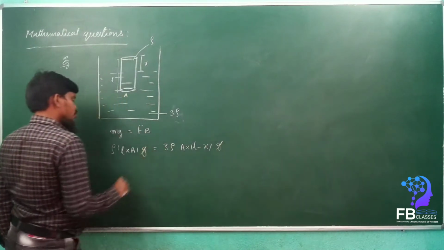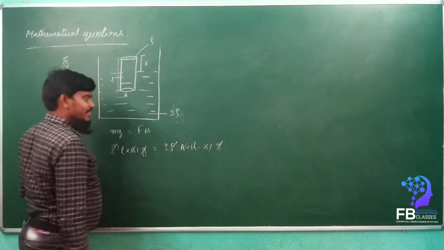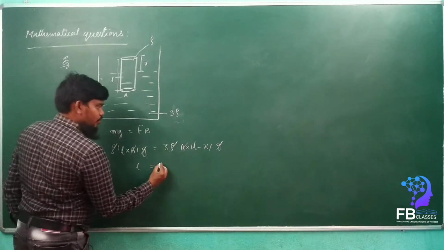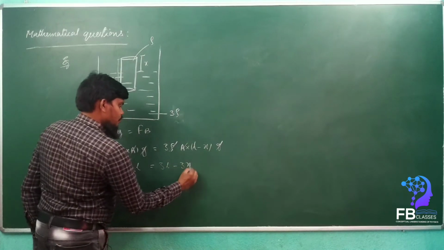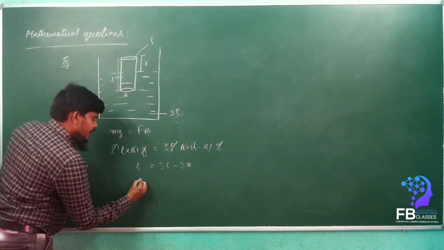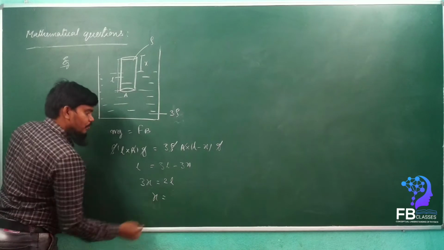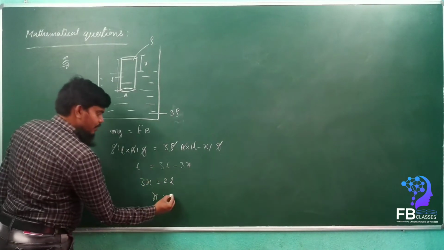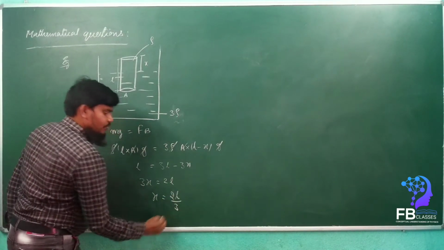Now g cancels, rho cancels, and A cancels. What remains is L equals 3L minus 3x. So 3x is equal to 2L. Yes or no? x is equal to 2L by 3. This is the answer.